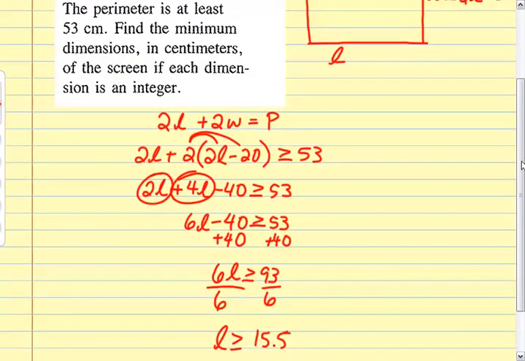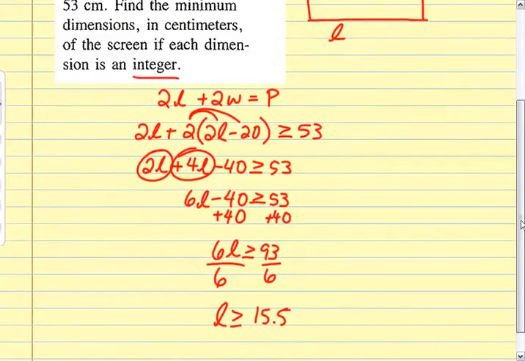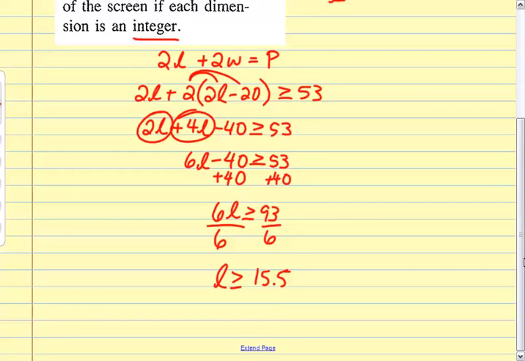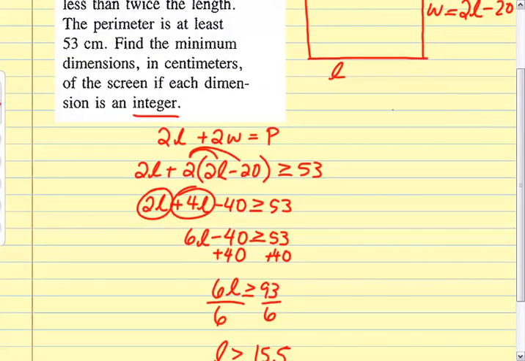Now remember in the problem, it says to find the minimum dimensions in centimeters of the screen if each dimension is an integer. So I can't have a decimal in my answer. Okay? Now, if length is greater than or equal to 15.5, but it can't be a decimal, I need to go to the next whole number above that, which is 16. Okay? So now, my length is equal to 16 centimeters.